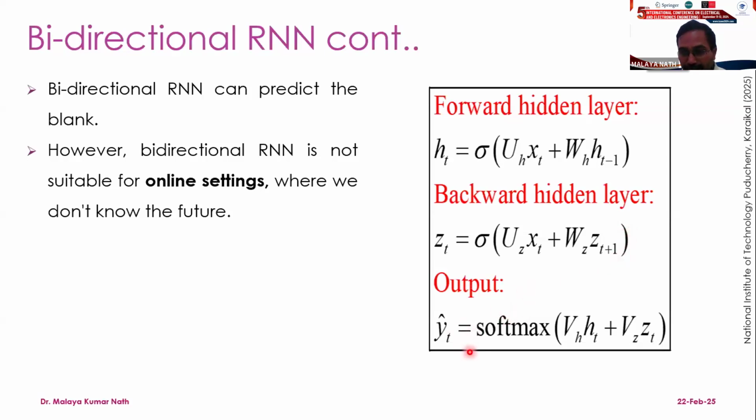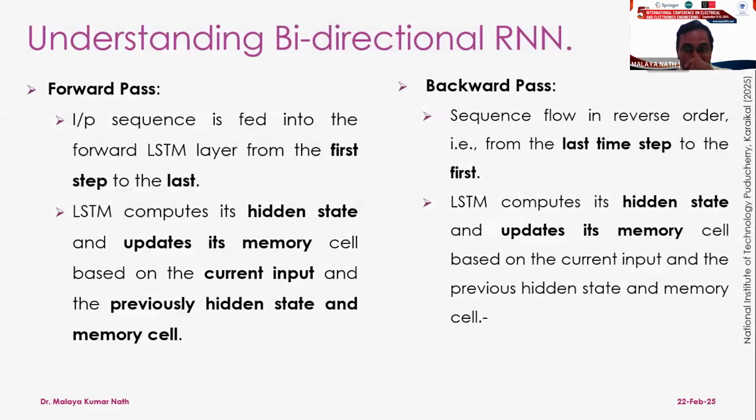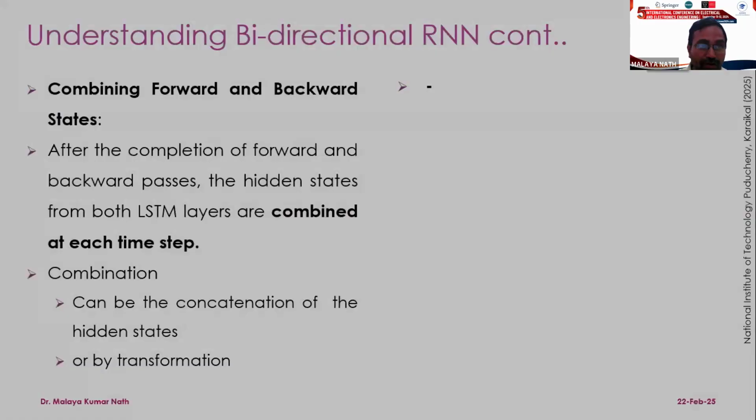If you recall, in yesterday's class we discussed softmax of V_h h_t. But now in the bidirectional recurrent neural network, this is the summation of V_h h_t plus V_z z_t. So we have two passes: one is the forward pass, another is the backward pass, which we have already discussed.